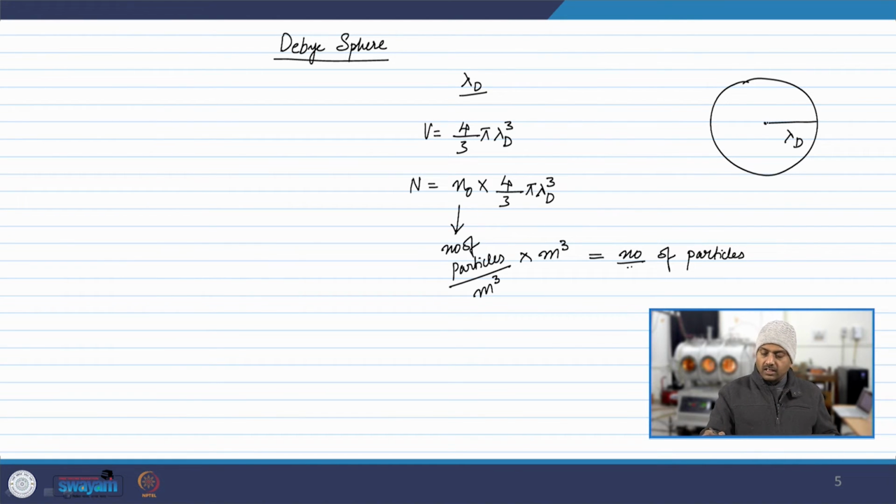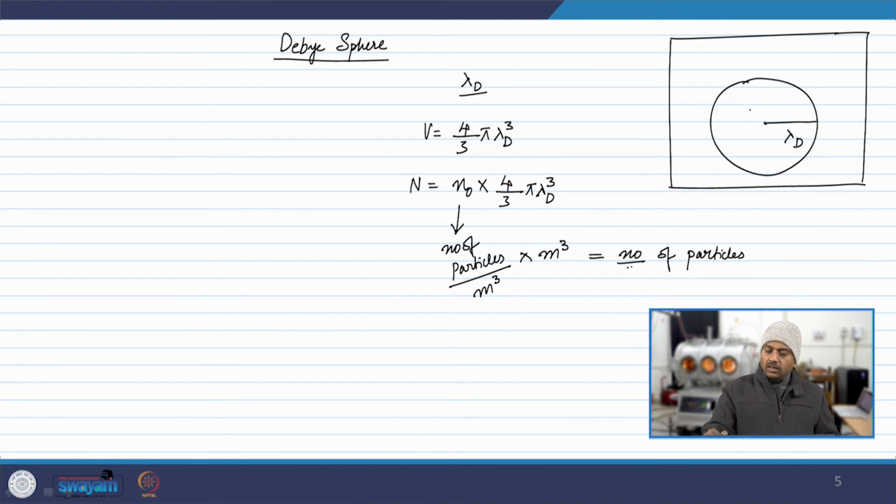So, if you construct a sphere of radius lambda D within the plasma, then there will be this many particles. You call this N_D. N_D denotes the number of particles inside the Debye sphere.